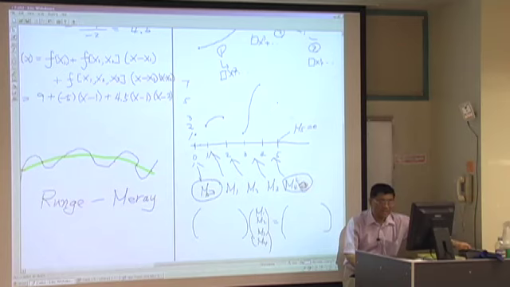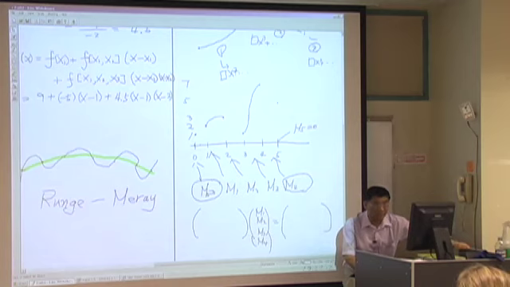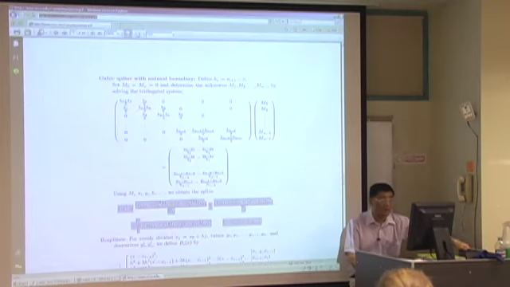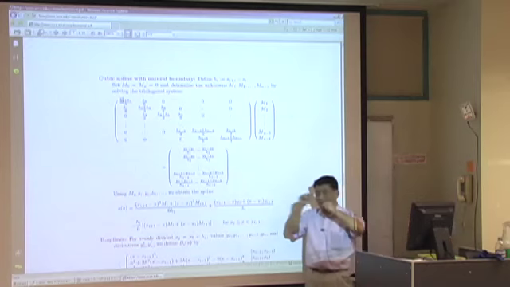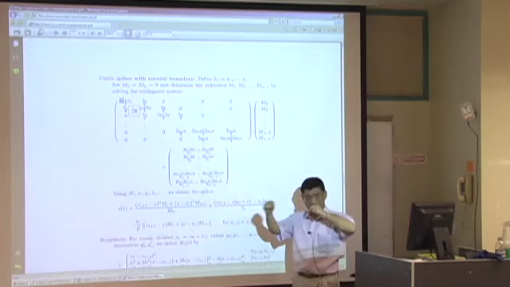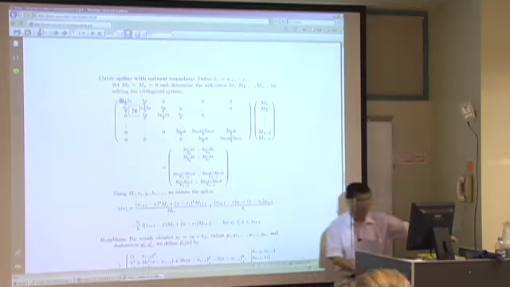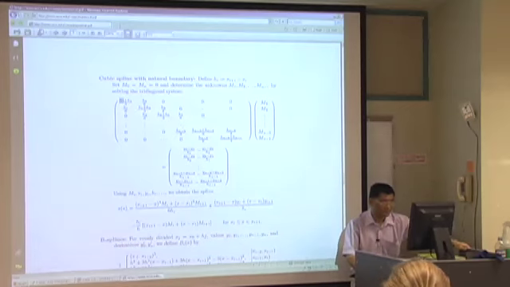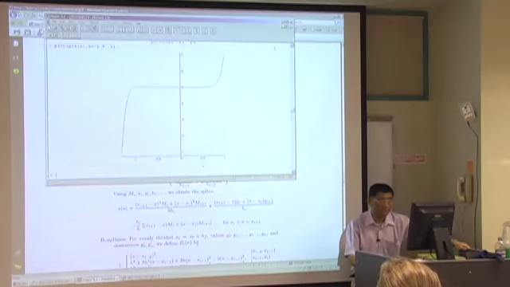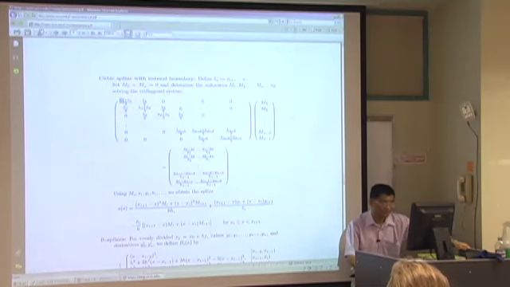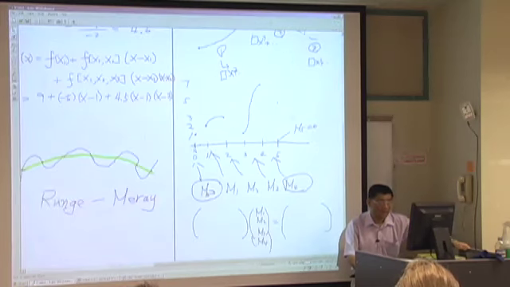Then in any case, by solving this linear system, we can determine it, but I will show you how you determine these numbers. So take a look. H0 is what? Between x0 and x1, what is the distance? Between x0 and x1, what is h? 1, right?